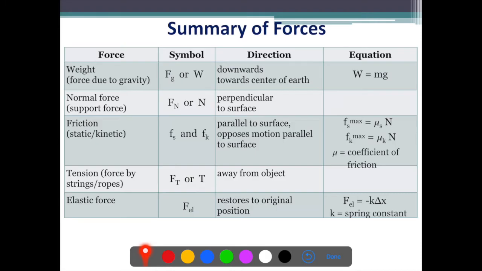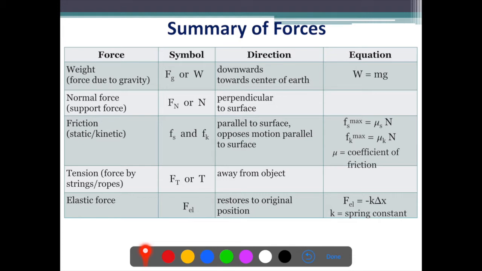The different kinds of forces that we will encounter are summarized in this table, and we will go through each one in this lesson. So you have there the weight force with the corresponding symbol, direction, and equation. Some of the forces have equations associated with them, like weight force, friction, and elastic force.